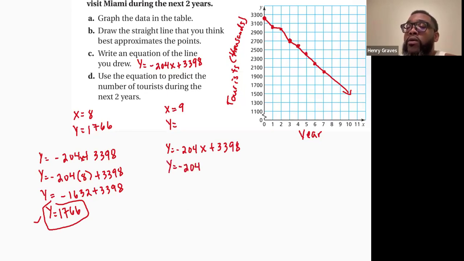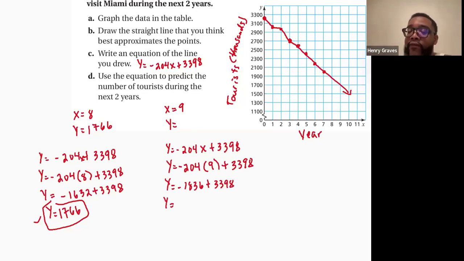So y is going to equal negative 1836 plus 3398.